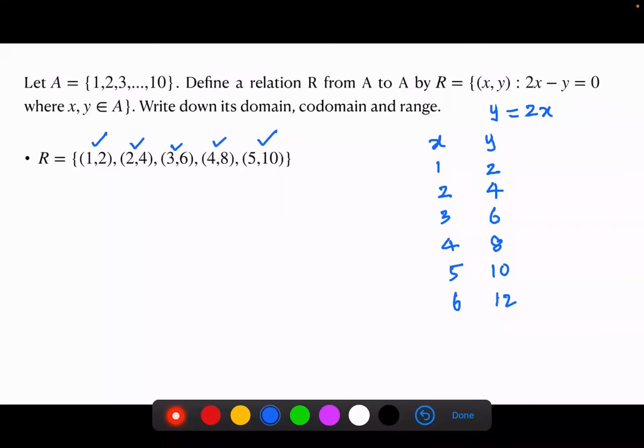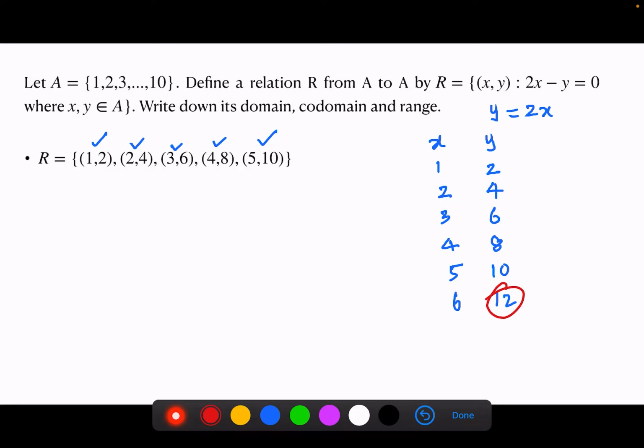Here, I am forcing my source set and the target set to be the same. I'm connecting elements in the same set. So for 6 to be connected, I need to have 12. But I don't have 12 in my target set because the target set is also A. My set has only the first 10 natural numbers.